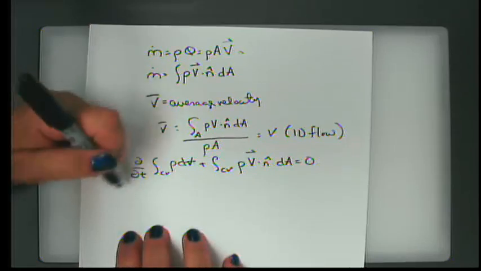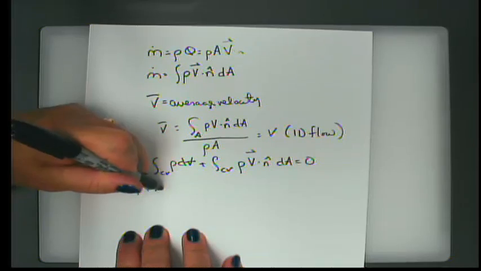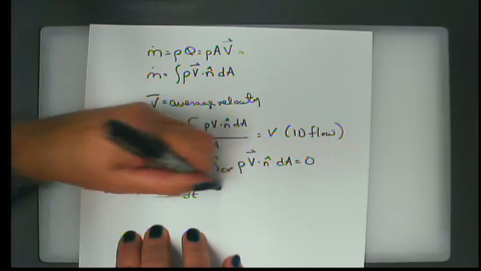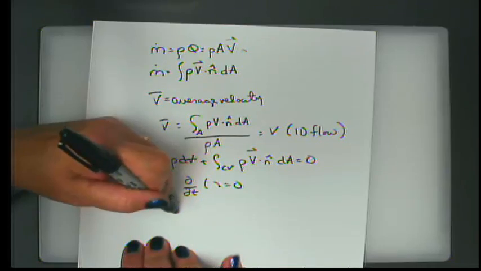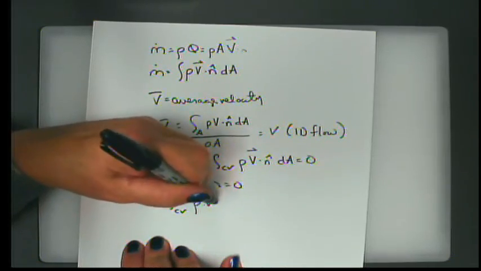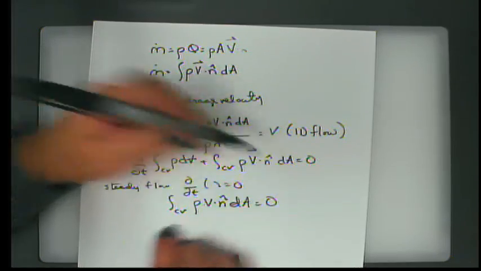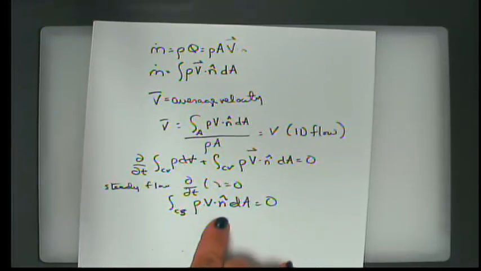If you have steady flow, the d/dt of the properties are equal to 0. So, in other words, we would just have that the integration over the control surface is equal to 0.